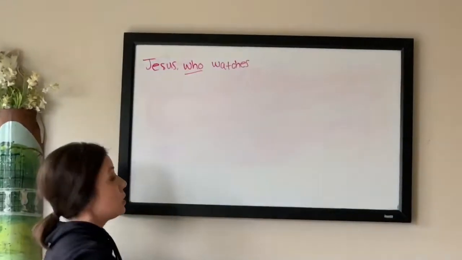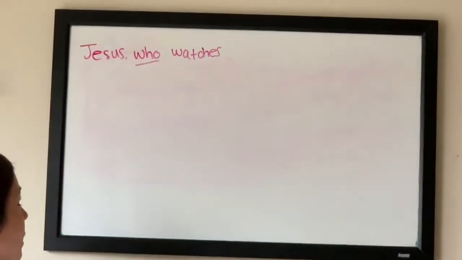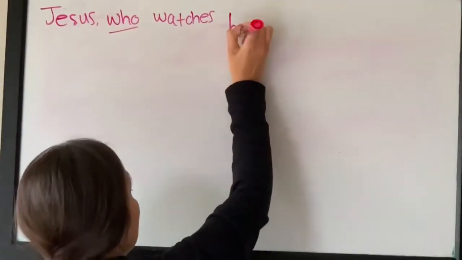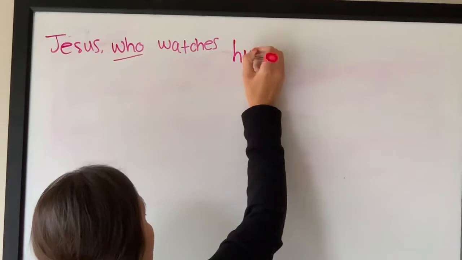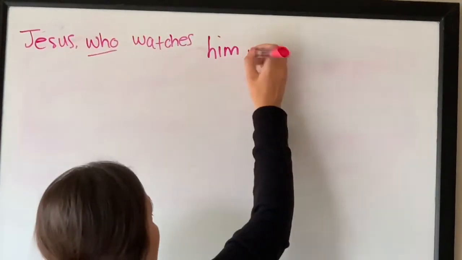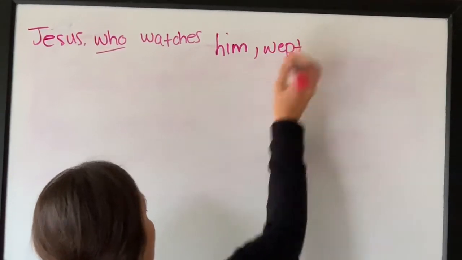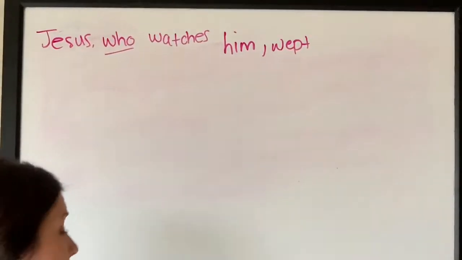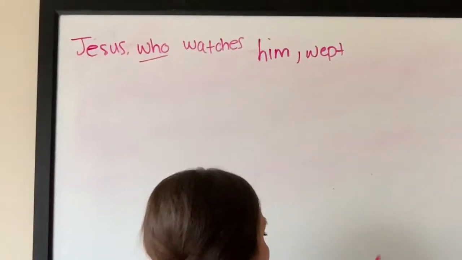It has a who. That's a relative pronoun that tells you this is a complex, right? Who watches him. Oops, I jumped way down. Oh well. Who watches him wept. Okay, so Jesus wept. There's an independent clause, so that tells you there's a compound sentence in here.